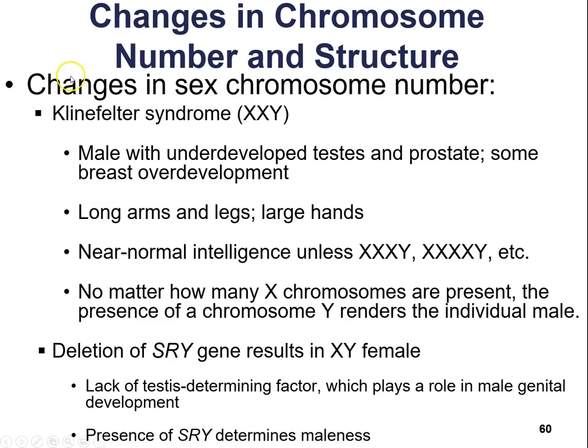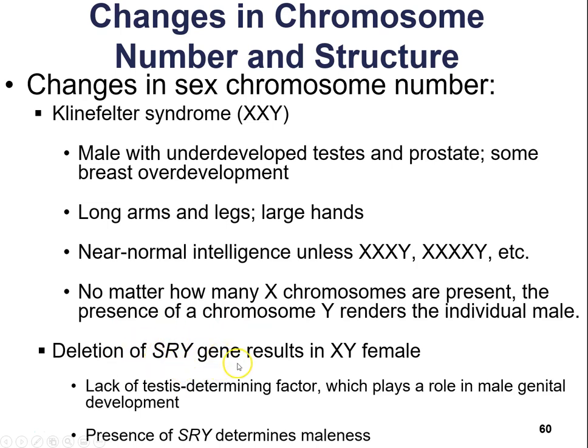However, if you start to get to cases where you have three X's or four X's and a Y, then it's going to start affecting intelligence and brain function, okay? I already mentioned that wherever there's a presence of a Y chromosome, that renders the individual a male, okay? And it's because of the presence of a certain gene on that Y chromosome, which is this SRY gene.